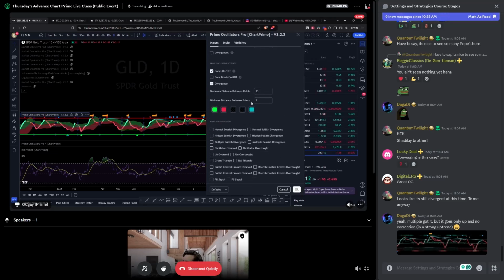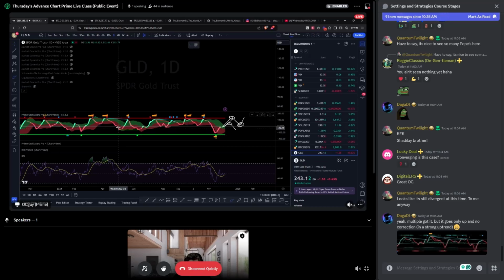This means how much separation between points, in candles, there needs to be for a divergence to plot. It's 35 candles, so maybe from here to here is 35 candles. If you want it larger, you can put, I don't know, 60 candles, so you will have larger divergences being found.